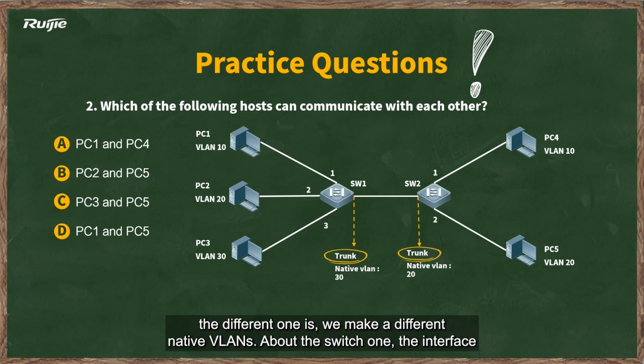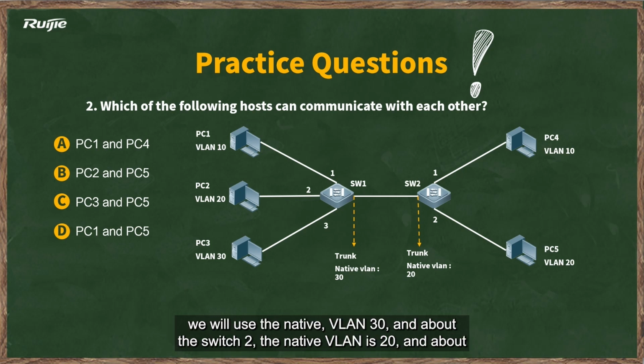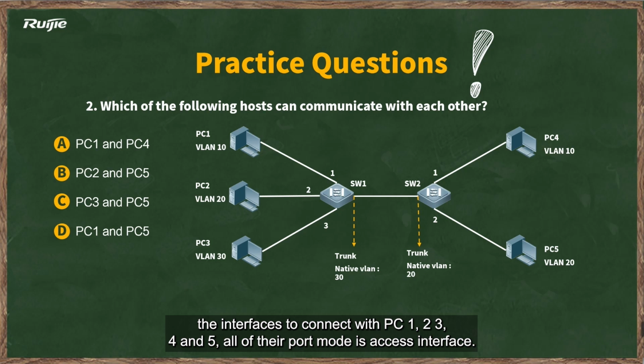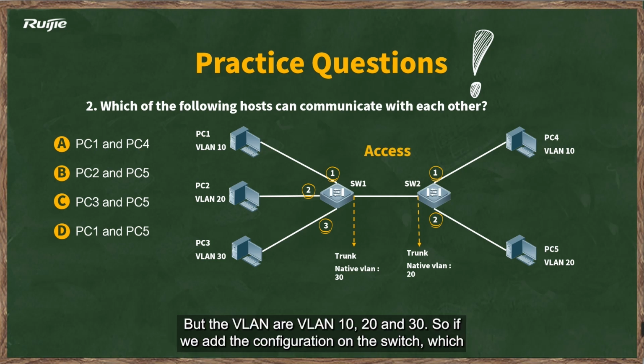The difference is that we make different native VLANs. On switch 1, the interface uses native VLAN 30. And on switch 2, the native VLAN is 20. The interfaces connecting PC 1, 2, 3, 4, and 5 are all access interfaces, but the VLANs are VLAN 10, 20, and 30.